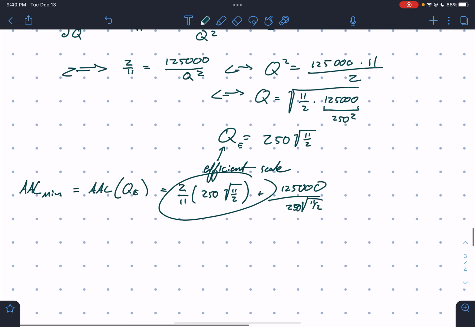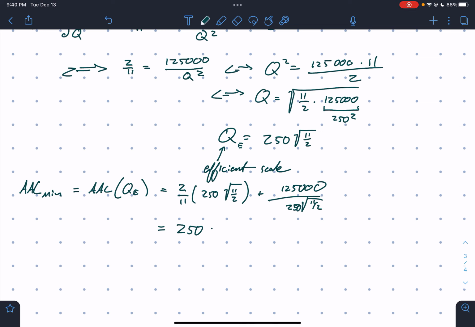Now here I can get some cancellation. This is 250 times root 2 over 11 plus, this is like, I don't know how that simplifies.